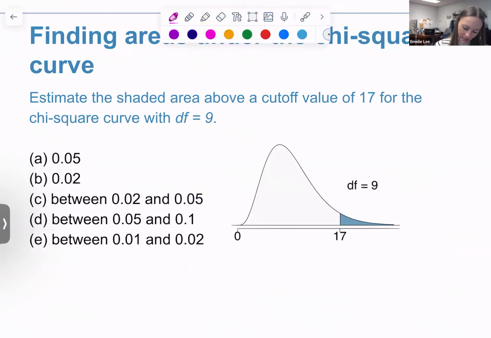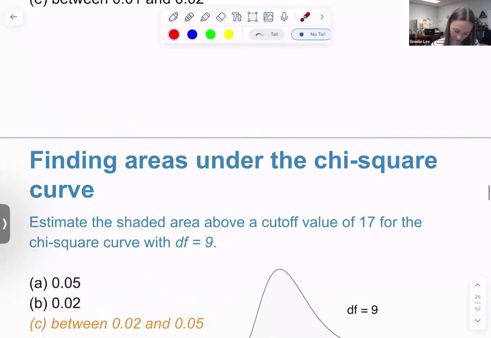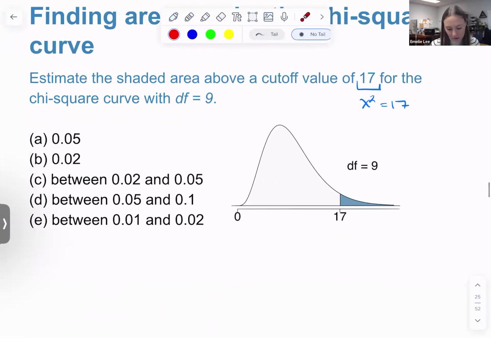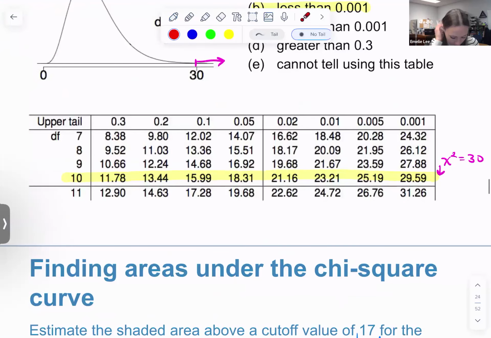What if we had chi-squared is 17, and we're told that the degrees of freedom is 9? Let's see here. Can I use the table? Okay, yeah, can.